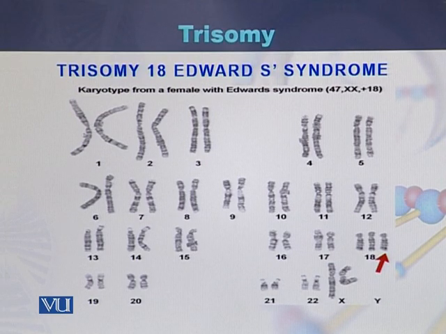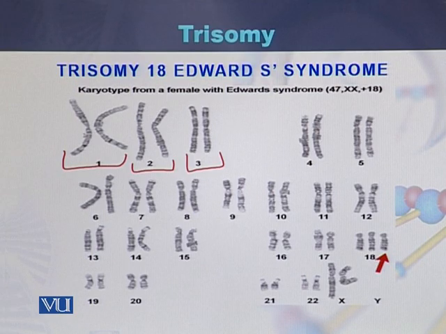The name of this syndrome is Edwards syndrome. In this syndrome, we can see that all the sets of chromosomes are in diploid form. There are 2 chromosomes, these are the 2 chromosomes, and they are homologous to each other.